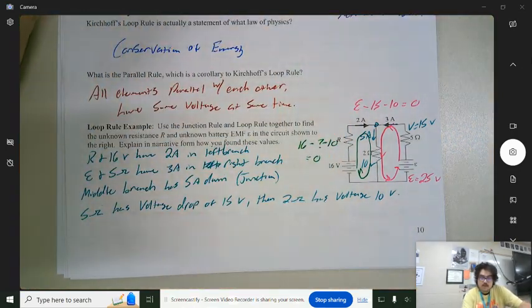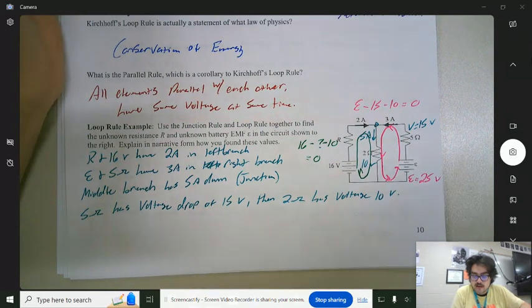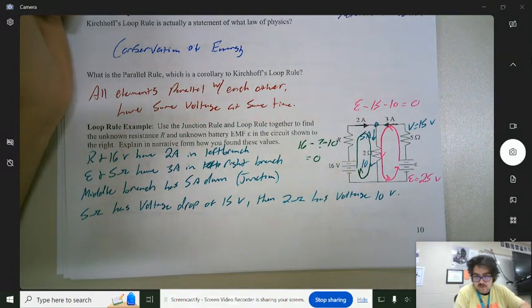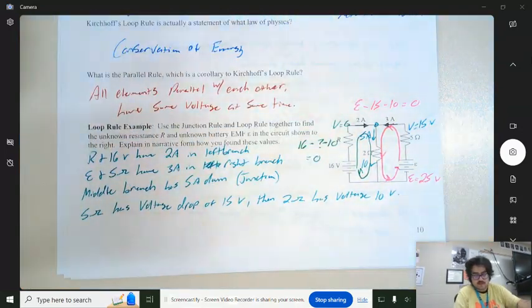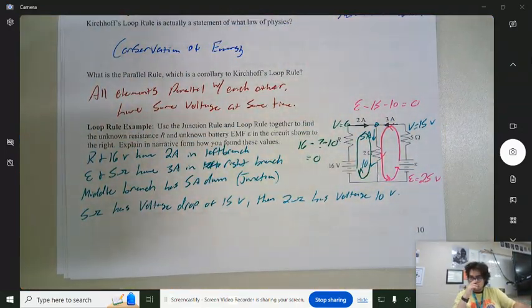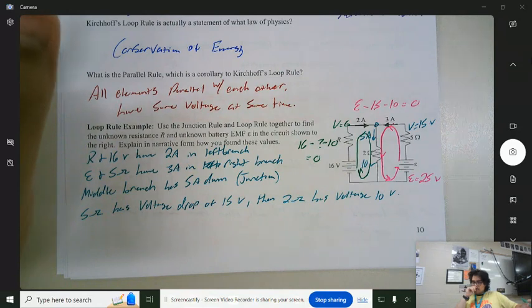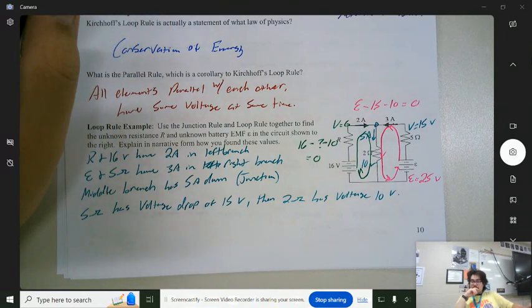So this question mark, this unknown one, should have a voltage of 6. That will help us abide by Kirchhoff's rules.